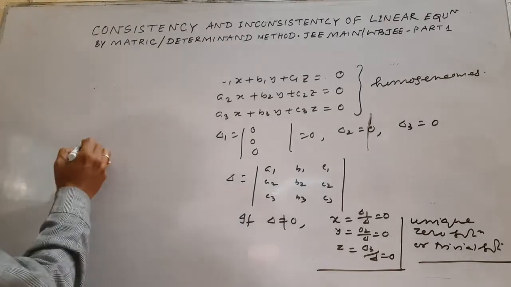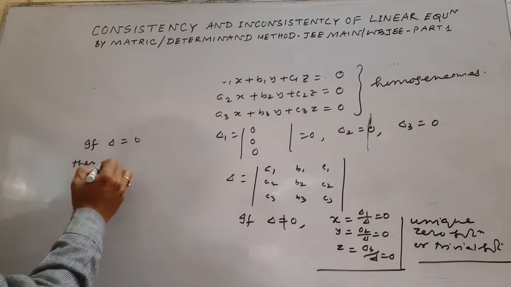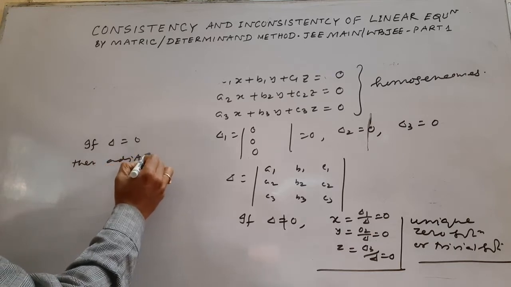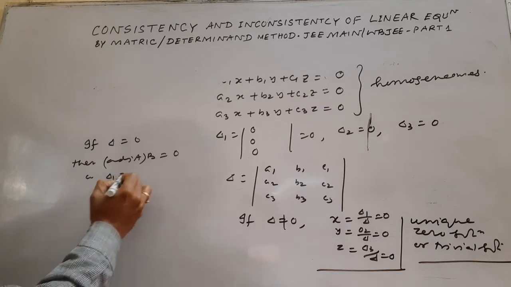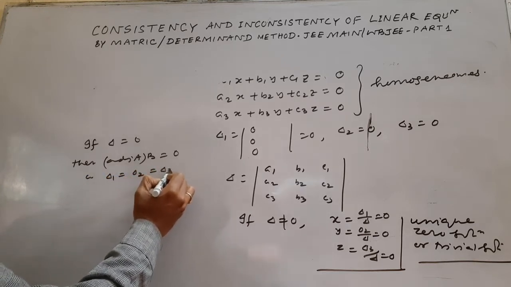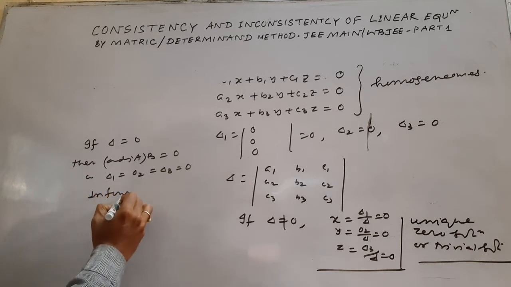And if delta equals 0, then adjoint of A into B equals 0, or here delta 1, delta 2 in terms of determinant 0. So infinitely many solutions.